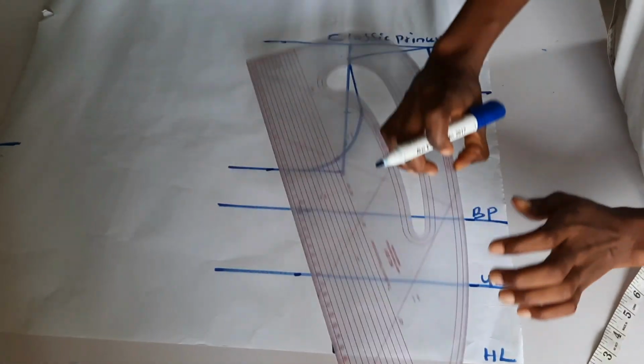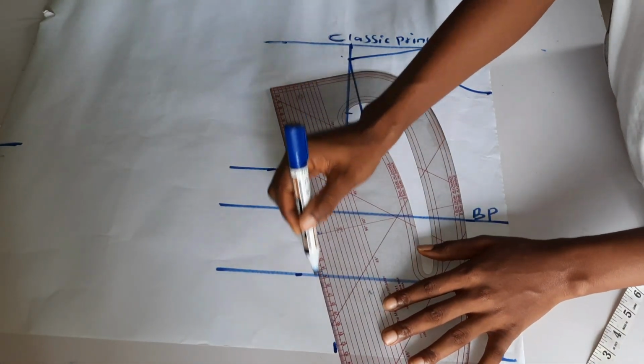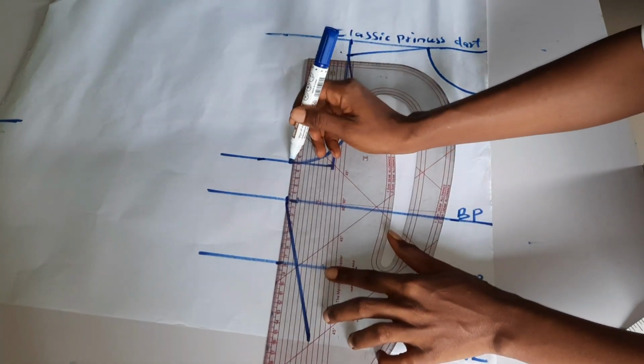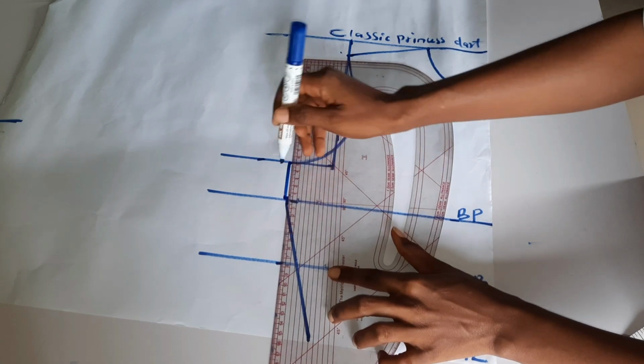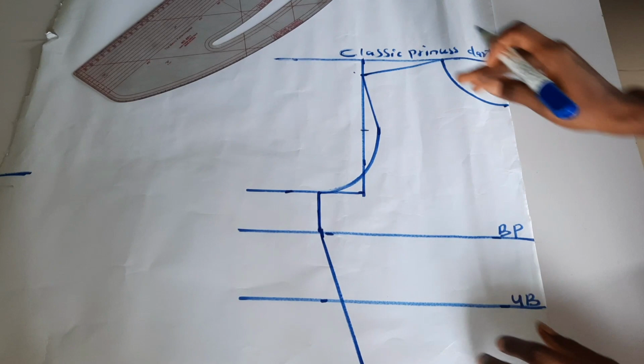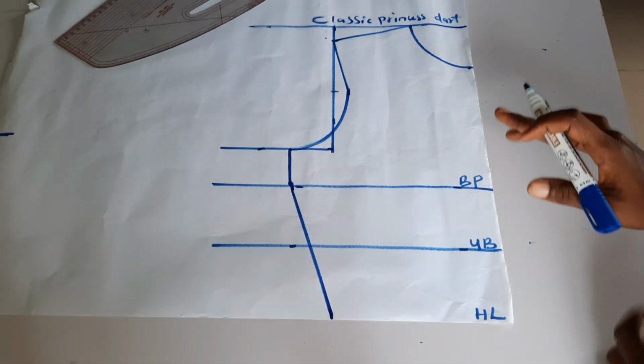So I will connect from here to this point, and from here I'll put this over like so, to this point. So this is my measurement that I'm going to start working with.